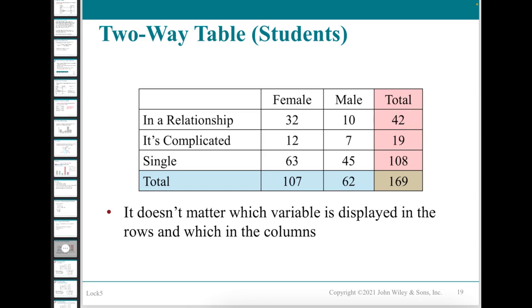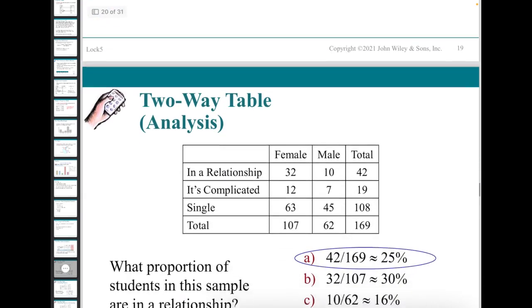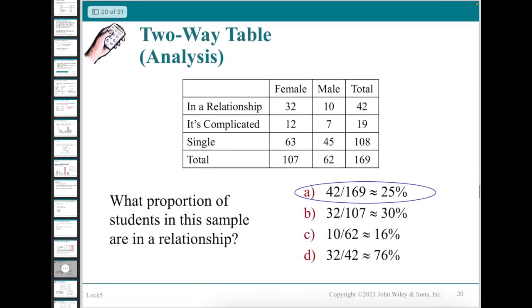I think I need to explain a little bit more about these two-way tables, especially how we can find answers to specific questions. So let's go through the last few questions we discussed based on this two-way table.